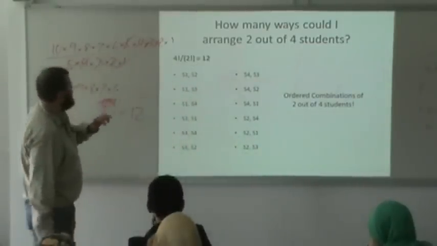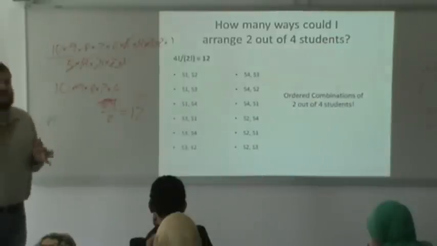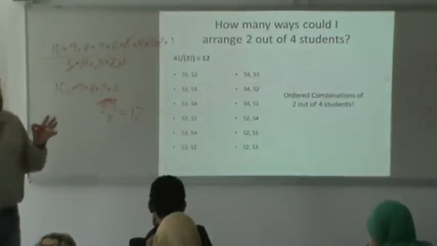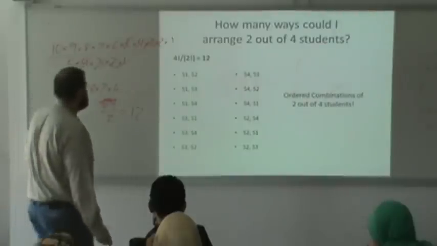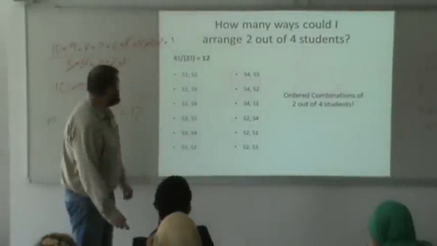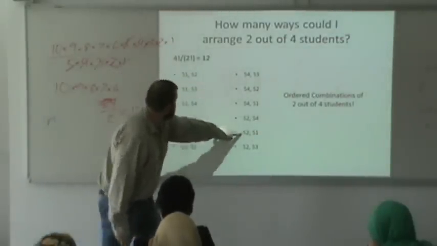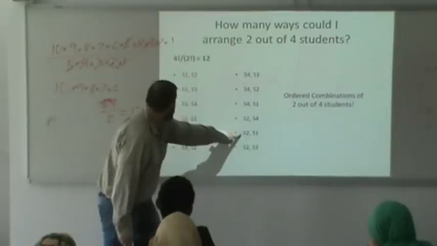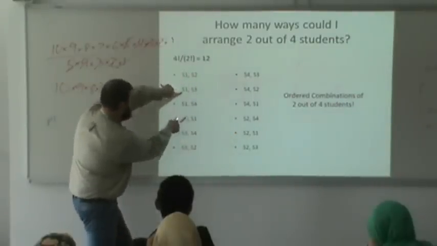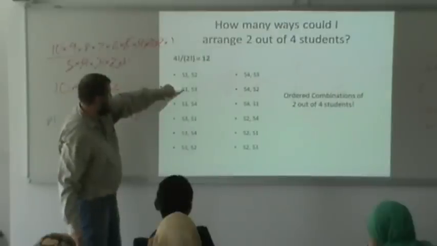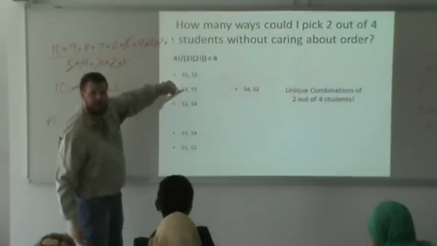Because I want to figure out the number of unique ways, not unique arrangements, but unique combinations of the 2 students. So to do this, I divide by the 2 factorial once again, and what happens is these duplicate terms, like here and here, S1, S3, where's these? One of those is going to go away. See? We're left with 6.